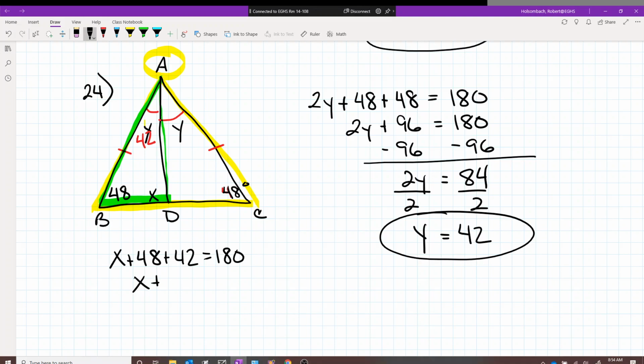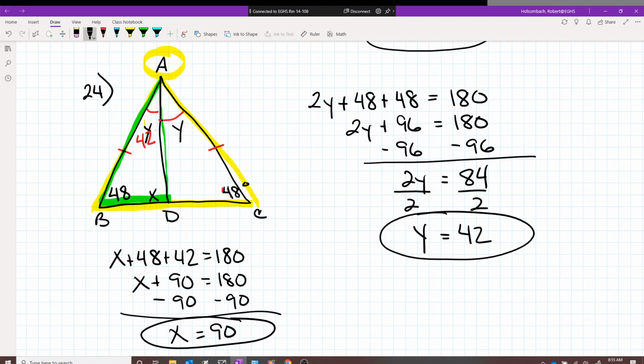So x plus 90 equals 180. You can subtract 90. And your x equals 90 degrees. Alright, so there's your x, there's your y.